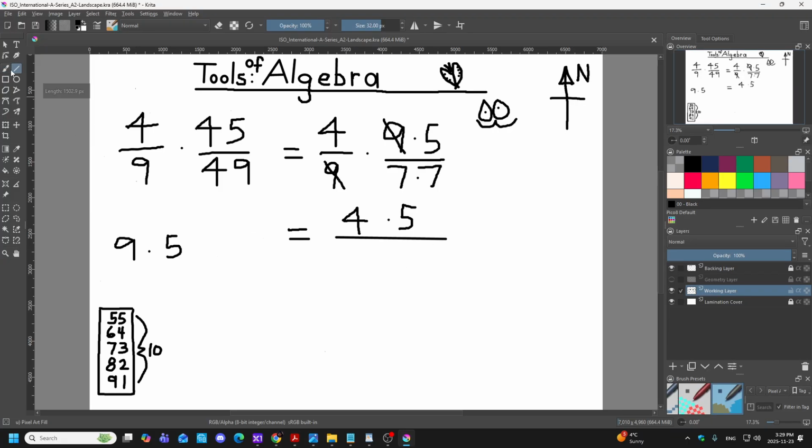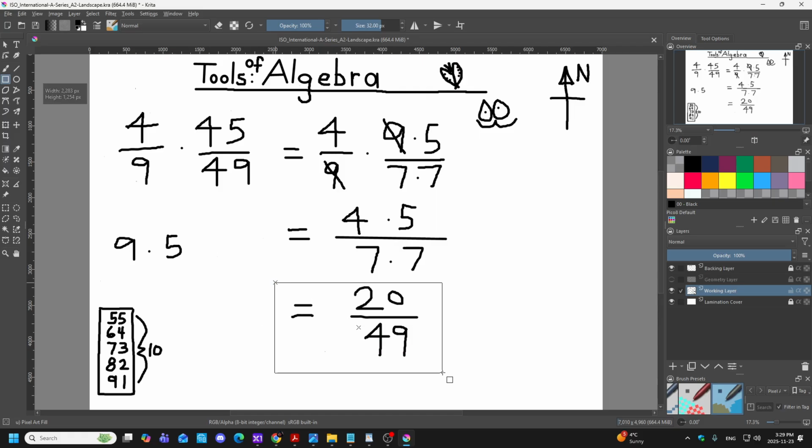And 7 times 7. All right, there's really nothing to cancel or reduce. Therefore, 4 times 5 is 20, all over 7 times 7 is 49, right? And that's it.